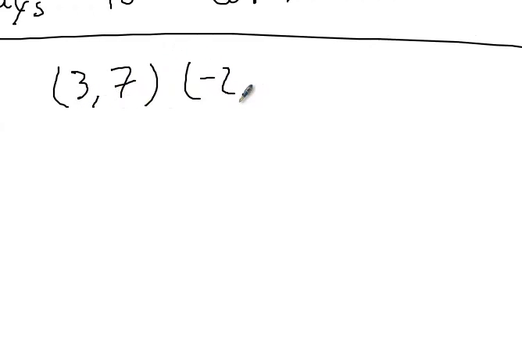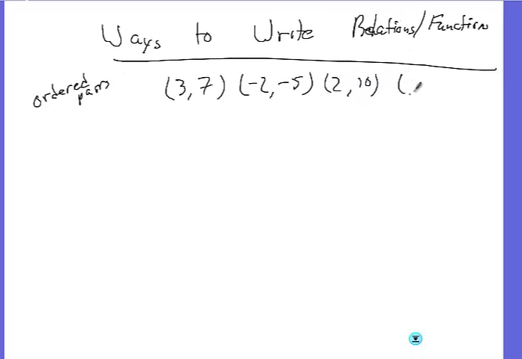As ordered pairs. So that's the first way. So ordered pairs is (3, 7), (-2, -5), (2, 10), and let's say, I don't know, (0, 4). Okay, that's an ordered pair.